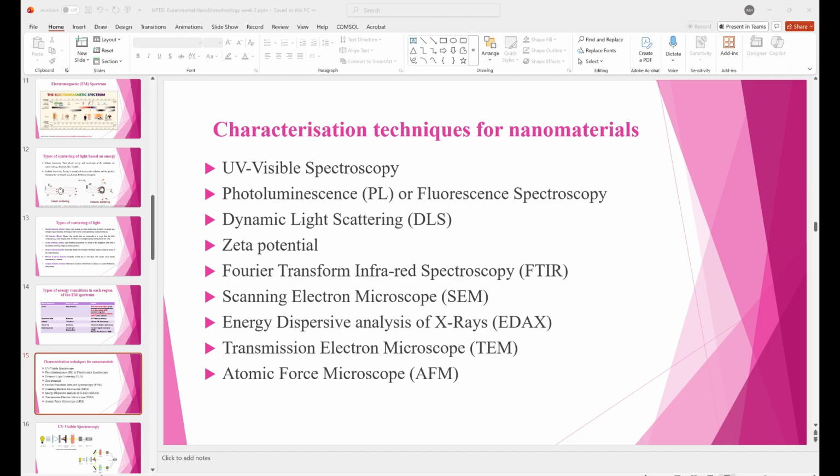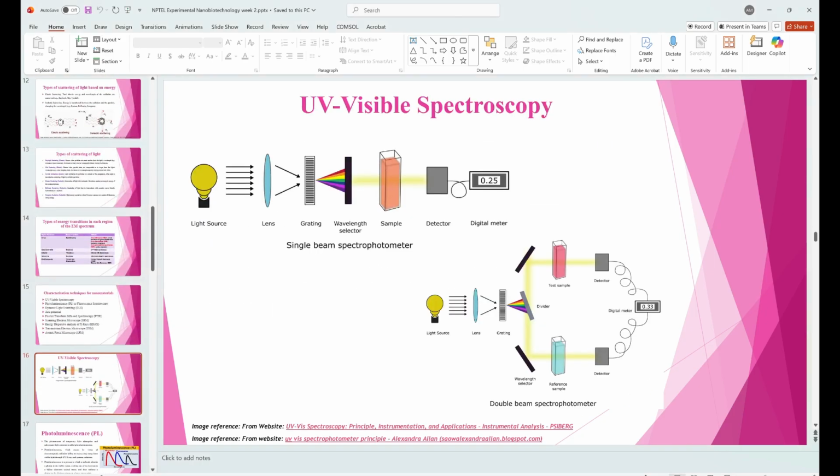So UV visible spectroscopy, I think you have already studied single beam spectrophotometer and double beam spectrophotometer. Have you studied in detail? Was it explained in detail to you in the course? What is single beam and double beam? There was a difference chart, I think, a difference table. But in detail, what is UV visible, like single beam, double beam?